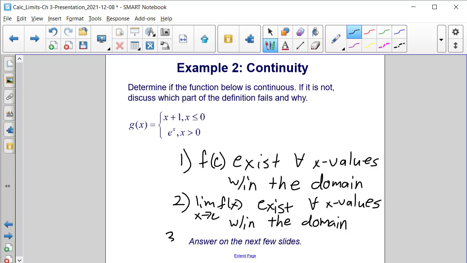And the third test or property that we have to check is that the limit of f of x as x approaches c is equal to f of c, and again, for all x values within the domain of the function.